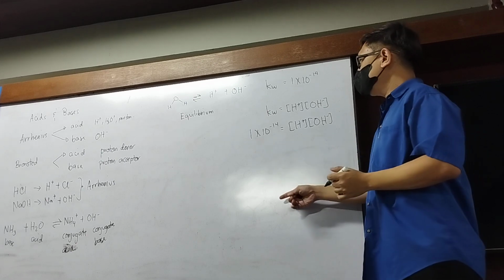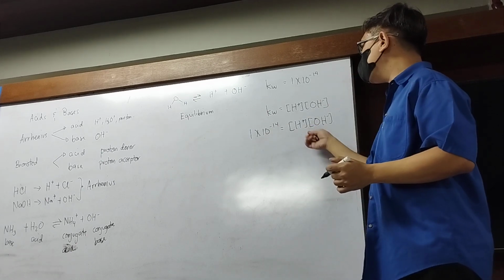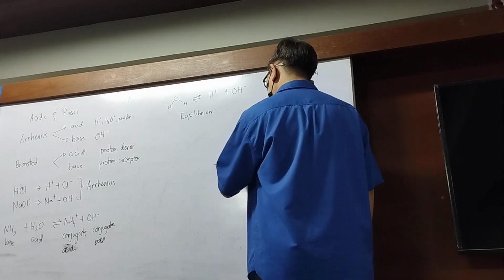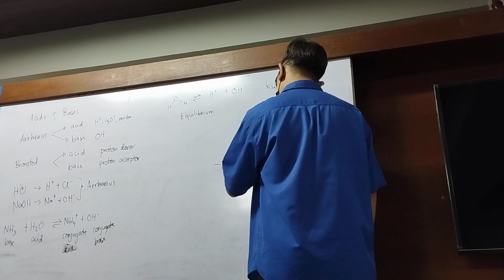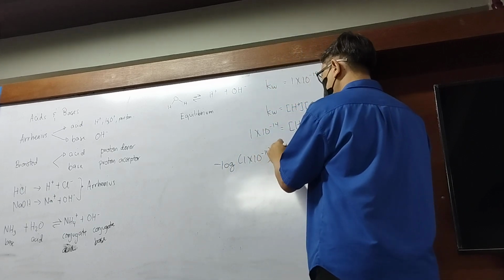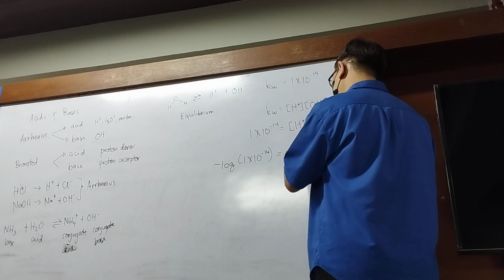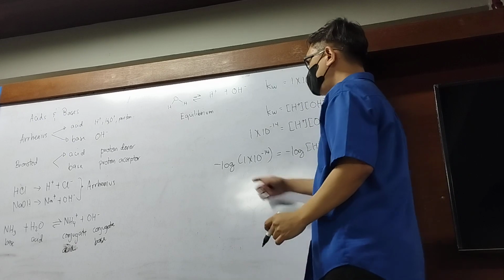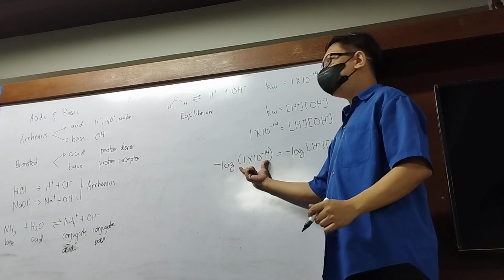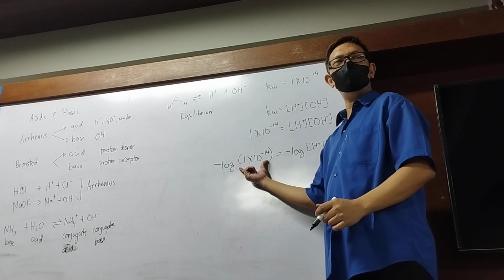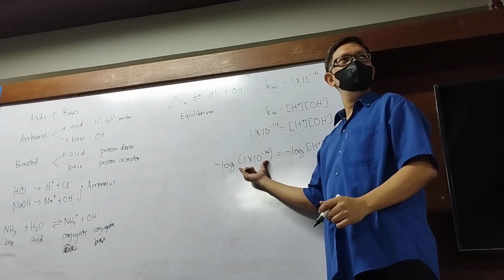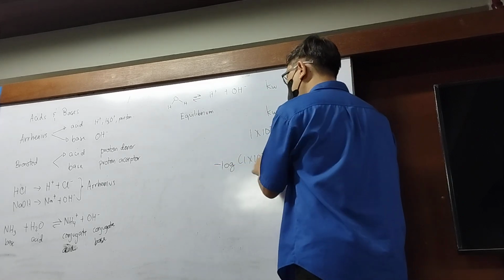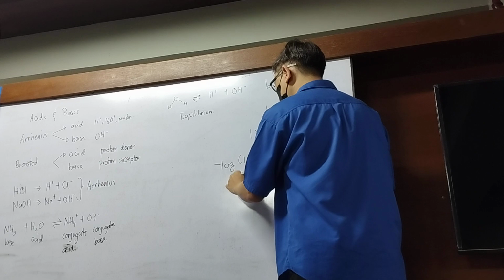Okay? So when we apply negative log on both sides, so pag multiply natin, negative log 1 times 10 to the negative 14, negative log of H plus and OH minus. Okay? So what is the log of 1 times 10 to the negative 14? It is 14. So, negative 14 muna. So, negative ng negative 14 will be 14.